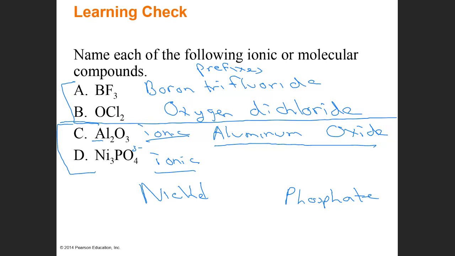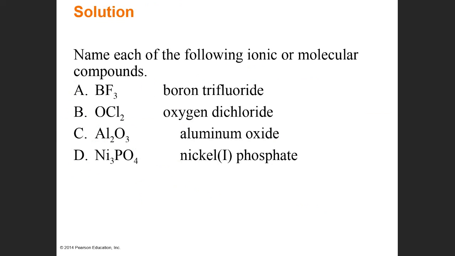It does actually form multiple ions, which means nickel's going to need a Roman numeral. And if this is a -3, this has to be a +1, so it's going to be nickel(I) phosphate. I'll have to update that sheet to put nickel on there.